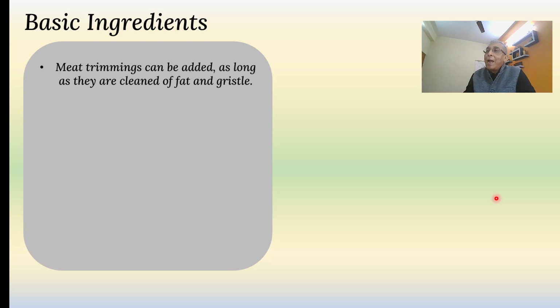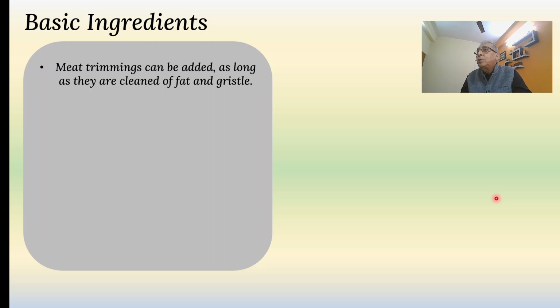Meat trimmings can be added as long as they are clean of fat and gristle. Leftover meats that cannot be used for guest preparations can be used, but ensure that they do not have fat or gristle sticking to the meat piece.